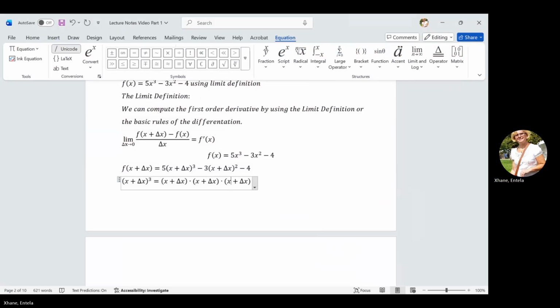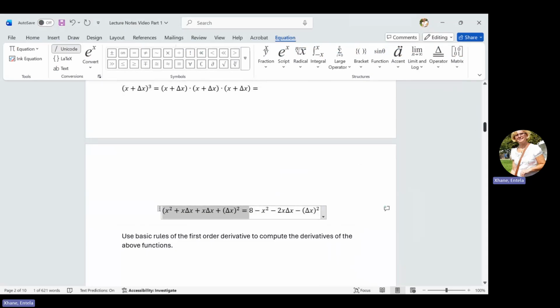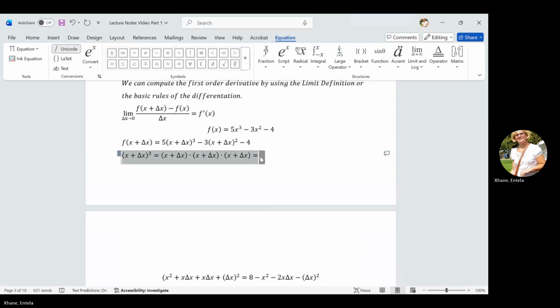Okay. So when you multiply, that means you can FOIL the first two. You only FOIL two binomials. And then whatever the outcome is, you multiply it with the third. Now, I already FOILed an expression that looked like this, okay? So what I'm going to do is copy and paste this, because I already FOILed this.